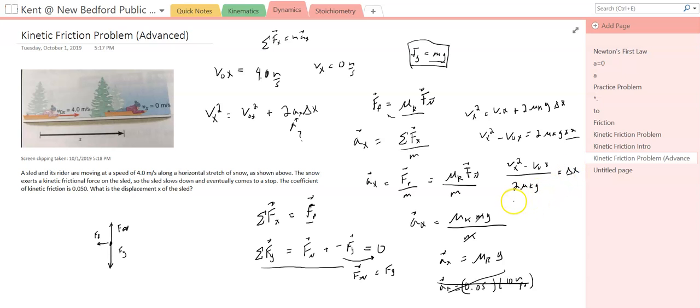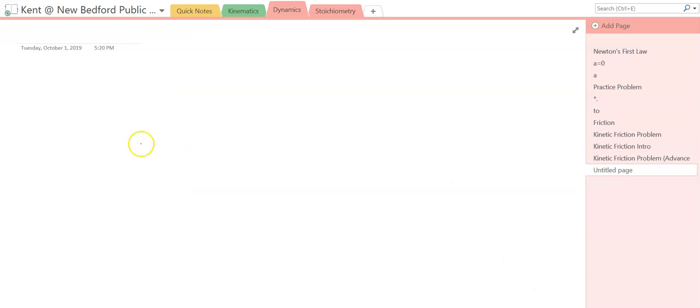Now we just have to plug numbers in. I wish you would let me copy and paste that on the next page because I really am starting to run out of room and this is getting real jumbled up looking. Let's write that on the next page. So Vx squared minus V naught x squared over 2 mu k g equals delta x.